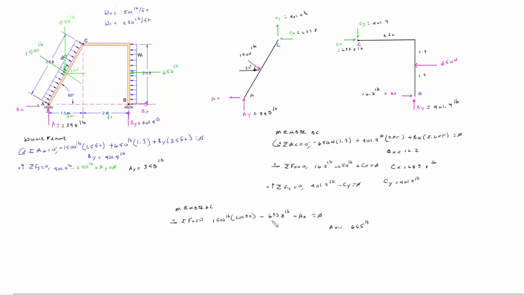And since this was negative, this became positive, so AX is 665 pounds.